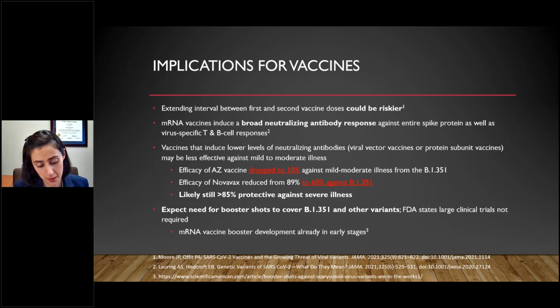And so if they were to become infected with a virus of one of these variant lineages, this may not be recognized, or there might not be a robust enough immune response from the first dose of vaccine to prevent severe illness in that individual.